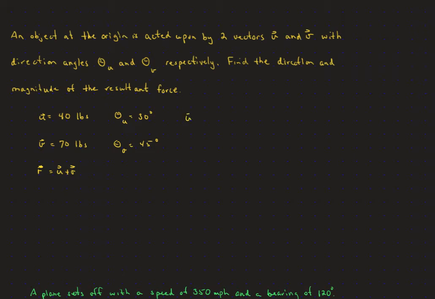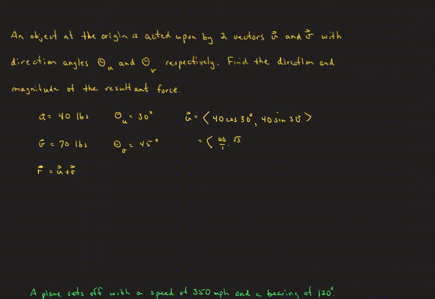And so u in its component form is going to be 40, the magnitude, times the cosine of its direction angle, and then the magnitude times the sine of its direction angle. In this case, we actually know what the cosine of 30 and the sine of 30 are, so we can simplify this a little bit.